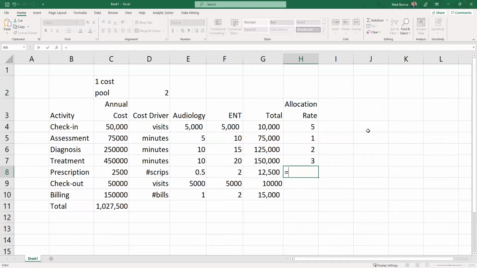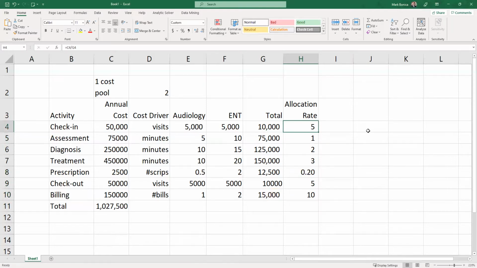And then prescriptions is 2,500 divided by 12,500, which I can't do in my head. 20%. There you go, 0.2. And then checkout is $50,000 divided by 10,000. That's going to be $5 per visit. And then we have $150,000 in billing costs divided by 15,000 bills, going to give us $10 per bill.